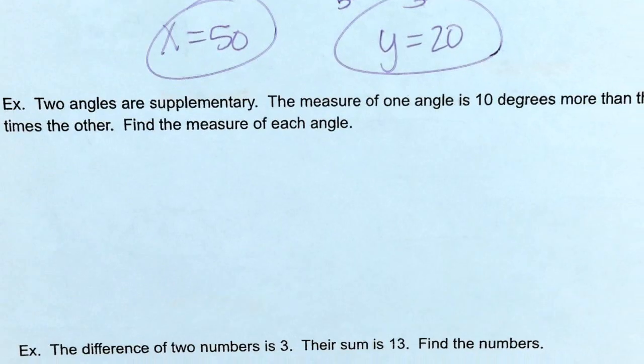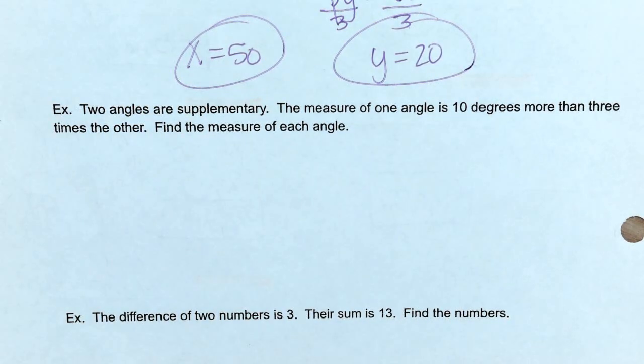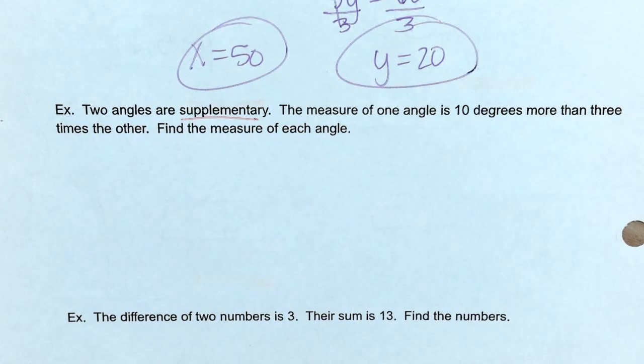This is a vocabulary word from 7th grade that y'all might or might not remember. Two angles are supplementary. Does anybody remember what that means? There's supplementary and there's complementary. Supplementary makes a straight line. So, does anybody know the angle of a straight line? 180.